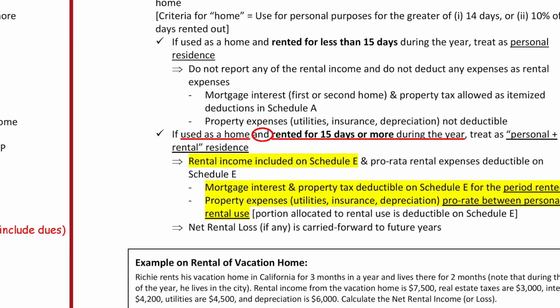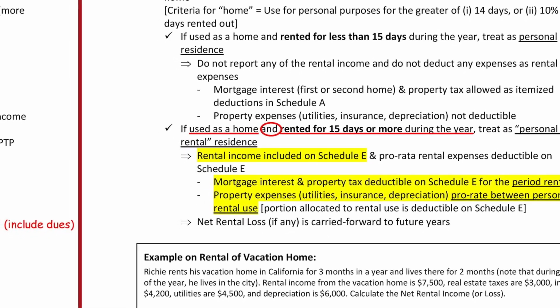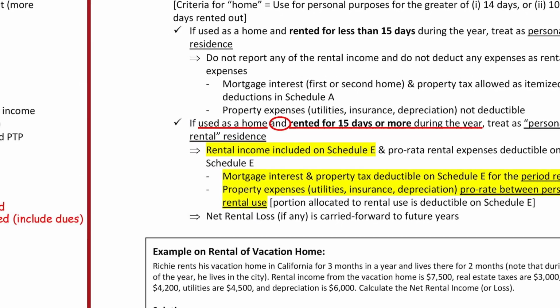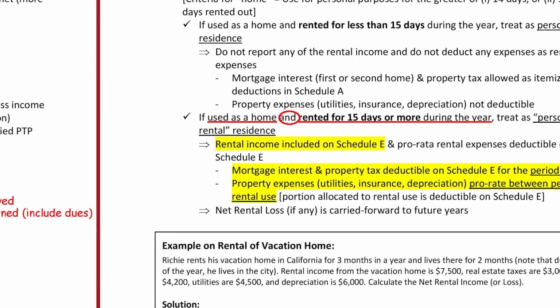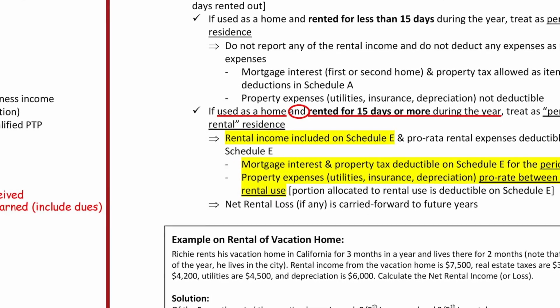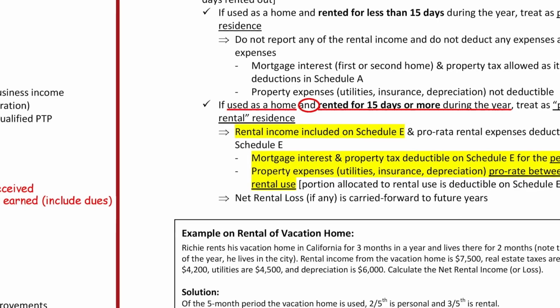And let's look at the example that we've got here. It says Richie rents his vacation home in California for 3 months in a year and lives there for 2 months. Note that during the rest of the year, he lives in the city. Rental income from the vacation home is $7,500.